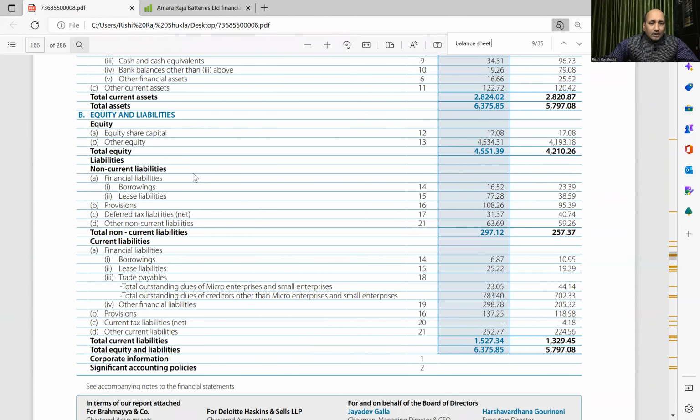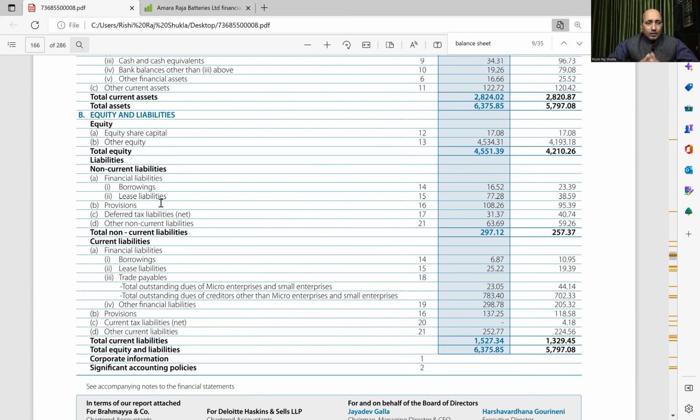Now here you can see non-current liabilities. Already we have discussed, elaborated: financial liabilities, borrowings, lease liabilities, provisions, maybe for employee gratuity, salary encashment, provident fund. Or maybe other purposes also that are beyond 1 year will come under this non-current liability.